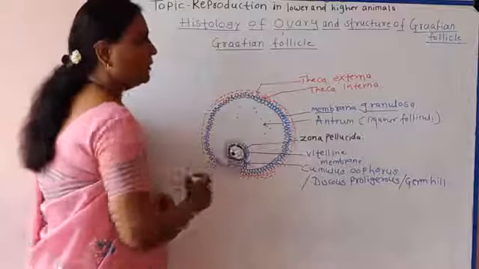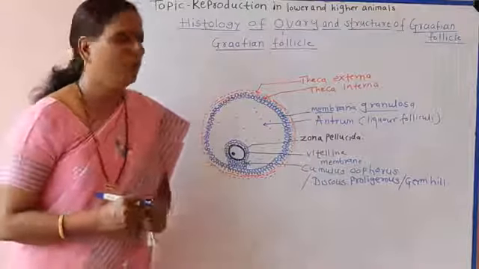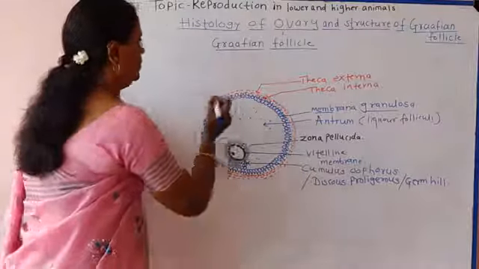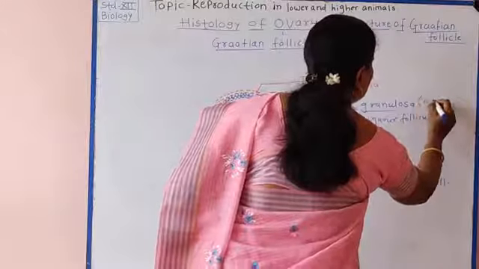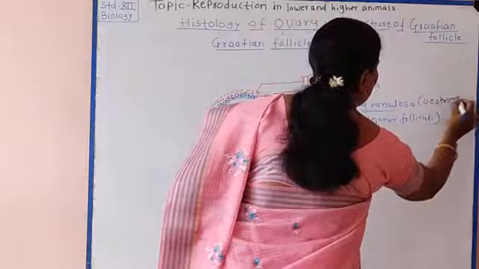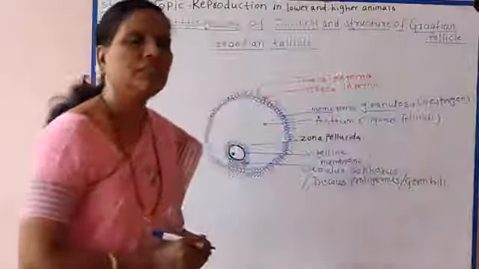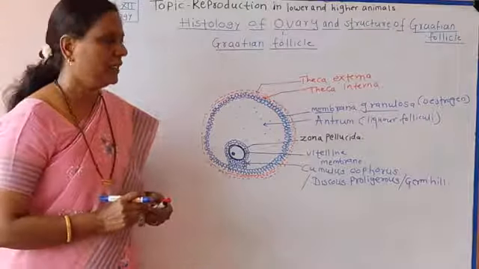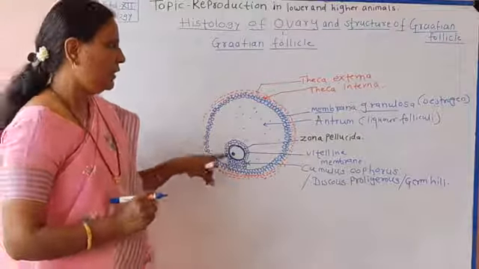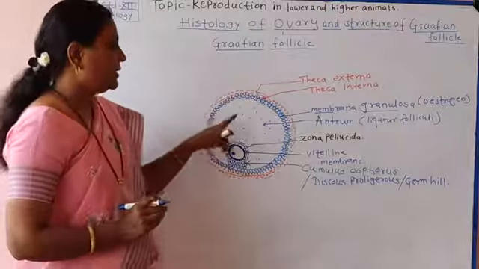These follicular cells secrete the hormone estrogen, the female sex hormone which is responsible for development of secondary sex characters in females.